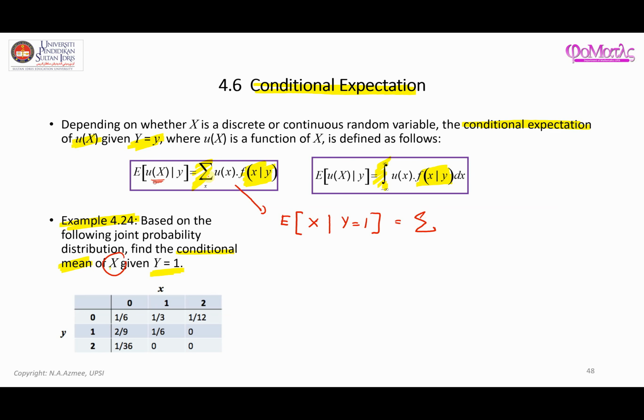So this is our x, and this is our ux, so we have that written next to our conditional distribution. We need to find what is fx given y is equal to 1. You can be specific and write down the value of y, so y is equal to 1. So that's the formula. Now our job is to find the conditional distribution given here.